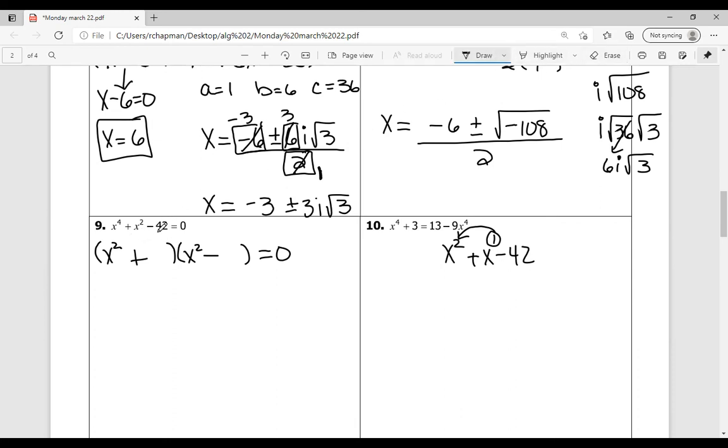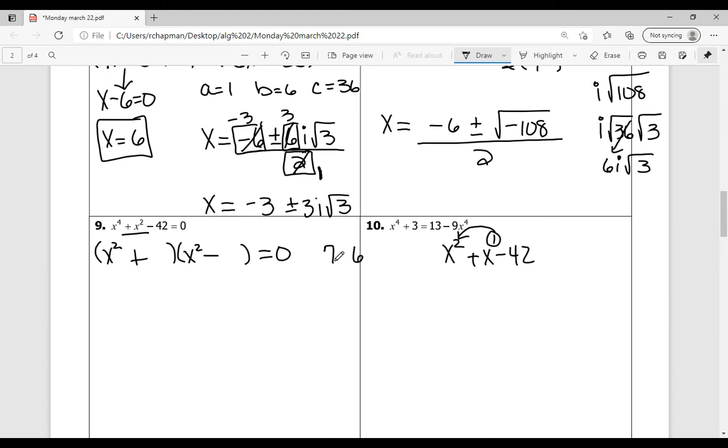What are factors of -42 that add up to 1? They have to multiply to -42. Okay, 7 and 6. Which one's going to be negative? I need a positive 1.